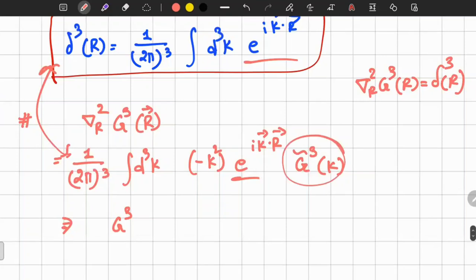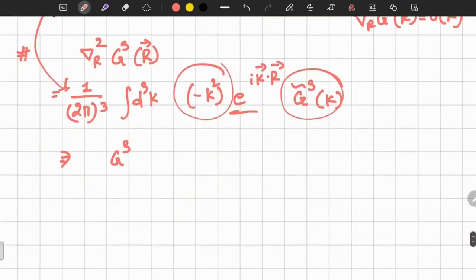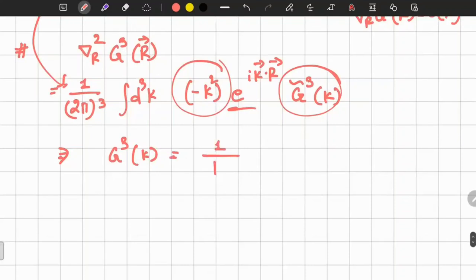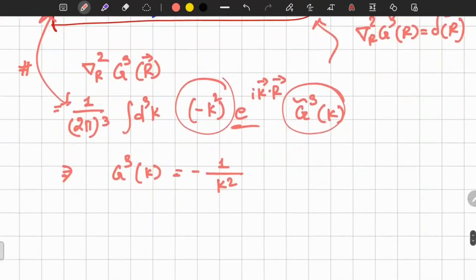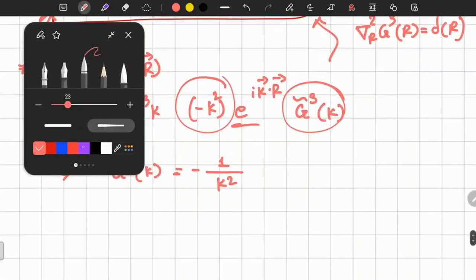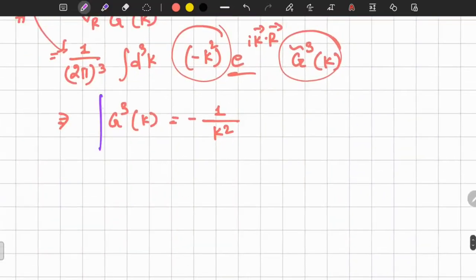So these two parts should make an identity. So G(k) equals minus 1 by k square. Then this part cancels and it will reduce to the delta function. So from making the comparison, we can write that in k space, the Green function will be just minus 1 by k square.